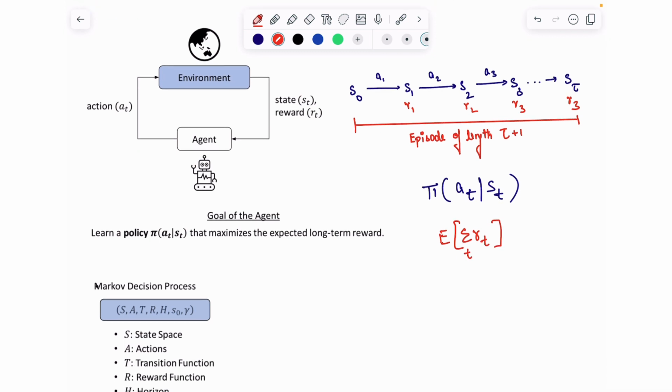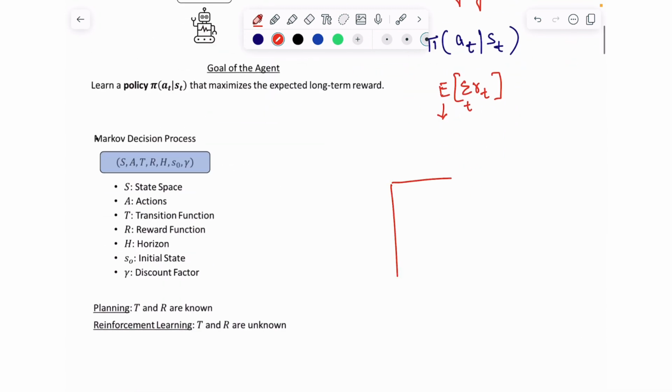This expectation is taken over various distributions. For example, when you start at a particular state and take a particular action, you may or may not always end up in the same state. For example, in the case of a windy environment, let's say you have a robot with you, or let's just draw an example here.